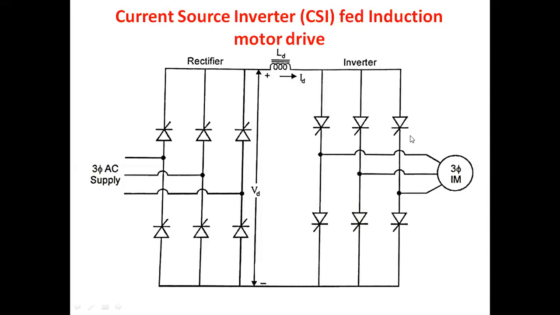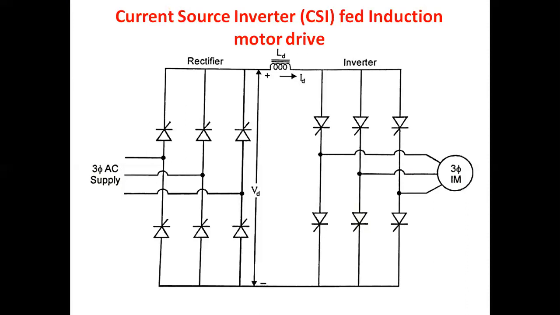Now we have variable frequency by adjusting the time period of this stepped wave inverter, and variable current by adjusting the firing angle of this rectifier. This variable current and variable frequency I am using in order to operate this induction motor under I by F control.